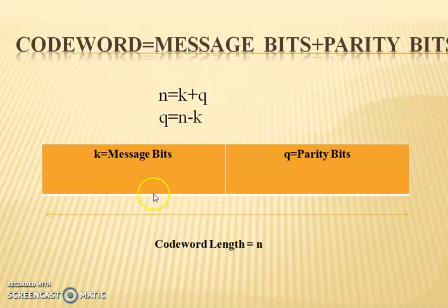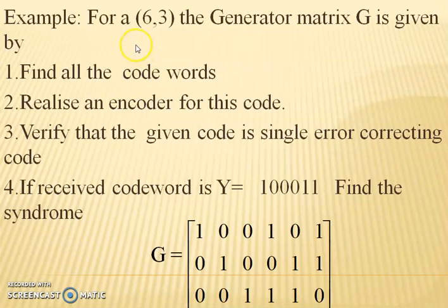In this numerical, they have given a linear block code of (6,3). That means here the N value is 6 and the K value is 3. G is the generator matrix, where you can see that you will have 3 rows and 6 columns. N is the code word length and K is the message bits.